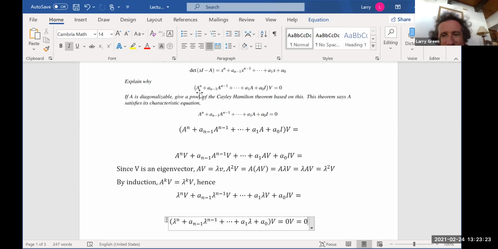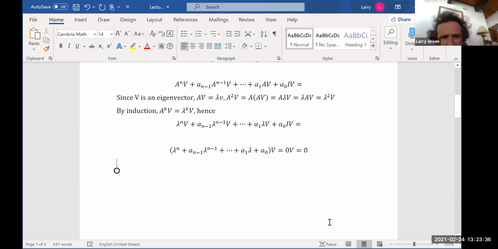We want to show that, because remember, we don't want a vector, we want a matrix at the end, right? But the idea here is that now what we can do is choose the basis of eigenvectors.